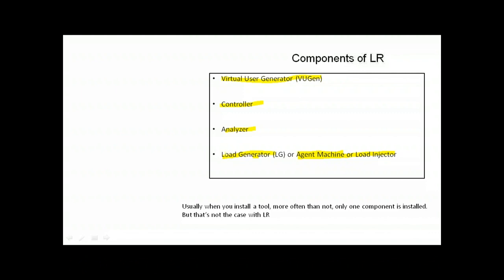But in LoadRunner, they specifically call it a load generator, or LGs. If you're using other tools like JMeter or maybe RPT, they might use the term load injector. Whatever the term, it's all the same, guys.